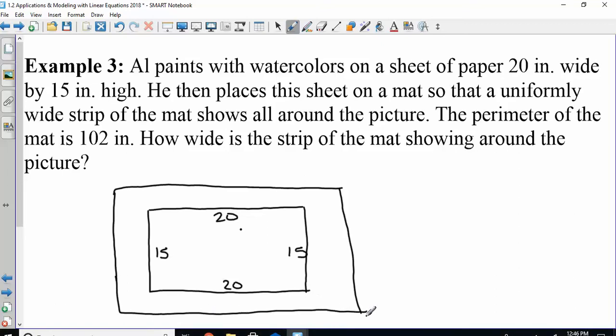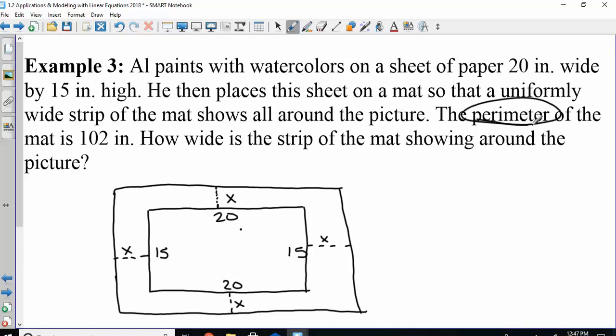Some days I struggle to draw a straight line. Do I know how much of the mat is showing? No, so what should I call that? X. But I do know it's uniform. So it's the same on every side.